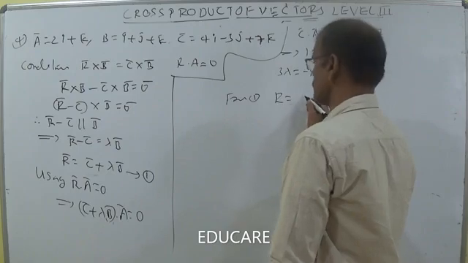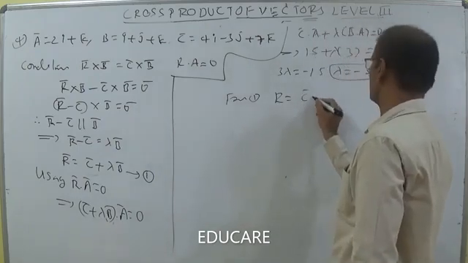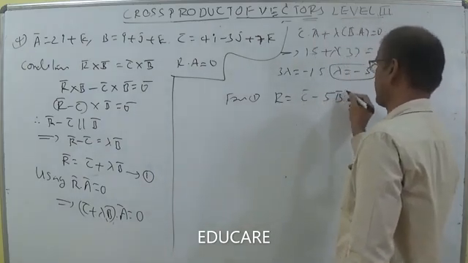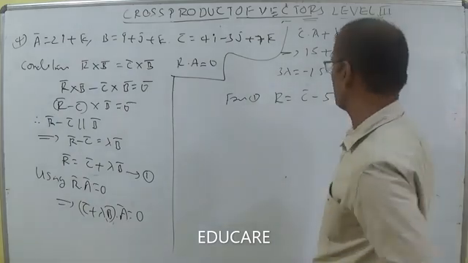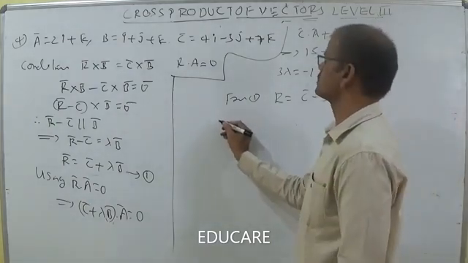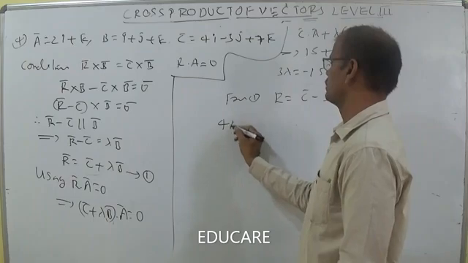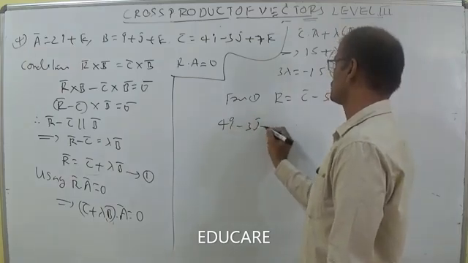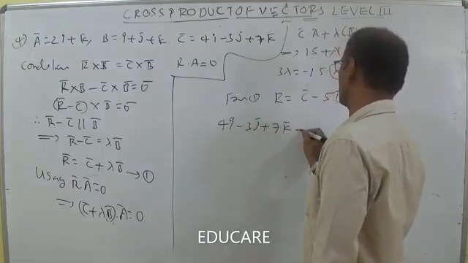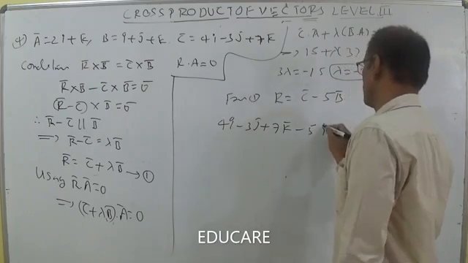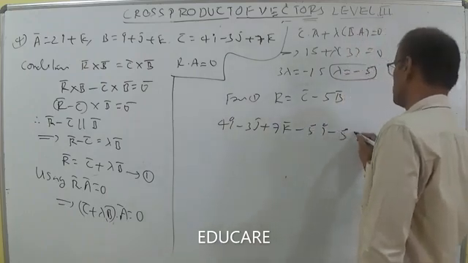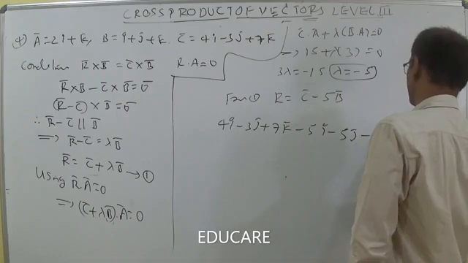If lambda is equal to minus 5, substitute in 1. From 1, R bar is equal to C bar minus 5B bar. Maybe in level 2 we did it. C value 4I minus 3J plus 7K minus 5B, minus 5I minus 5J minus 5K.